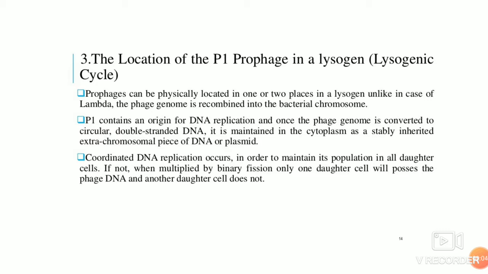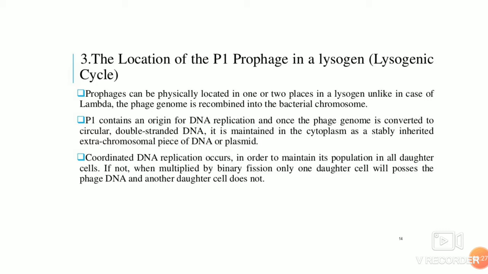Prophages can be physically located in one or two places in a lysogen. Unlike in the case of lambda, the prophage genome is not recombined into the bacterial chromosome. P1 contains an origin of DNA replication, that is ORI-R.